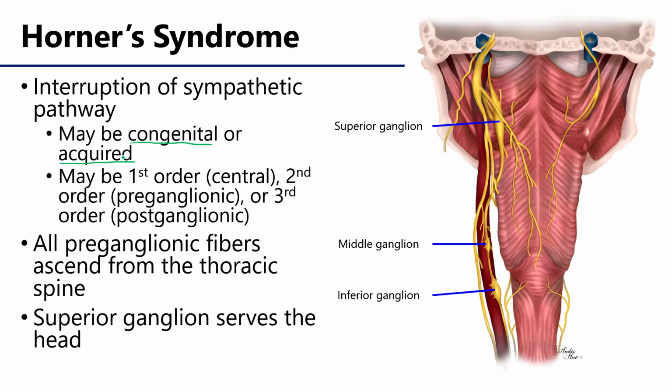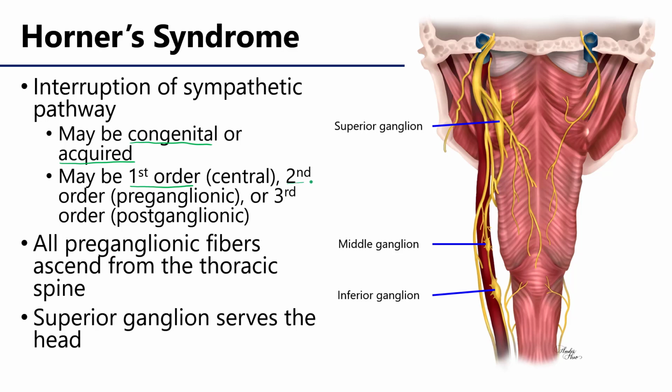Now, there are three major types of Horner syndrome. There is first-order Horner's. First-order Horner's occurs when the injury occurs to the pathway in the central nervous system, so either the brain or spinal cord.